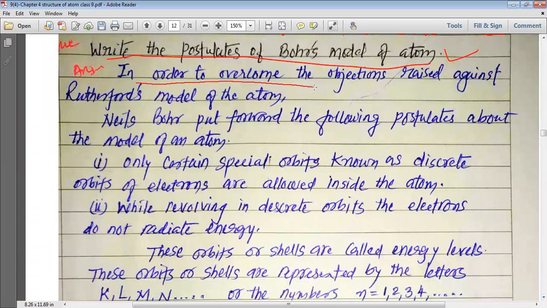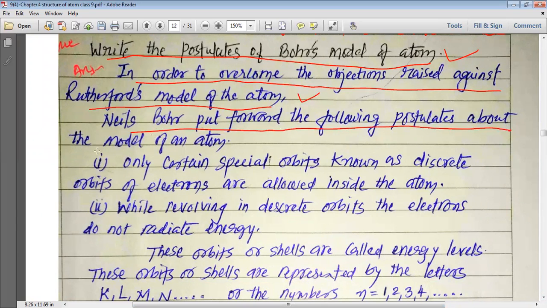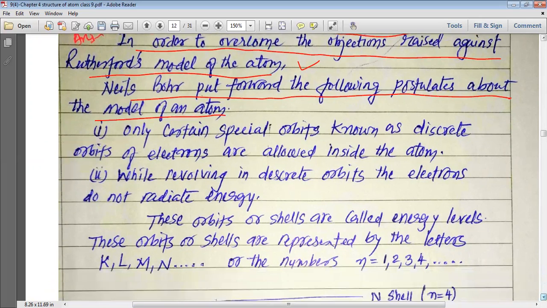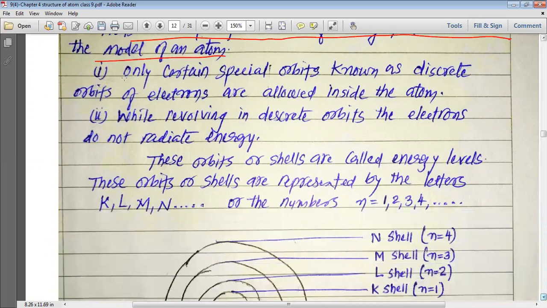In order to overcome the objections raised against Rutherford's model of an atom, Niels Bohr put forward the following postulates about the model of an atom. Only certain spatial orbits, known as discrete orbits of electrons, are allowed inside the atom.